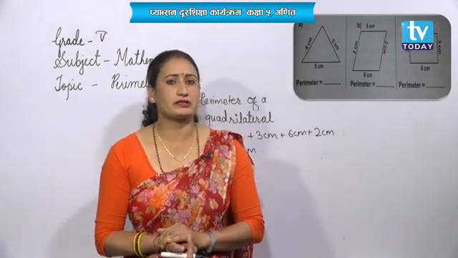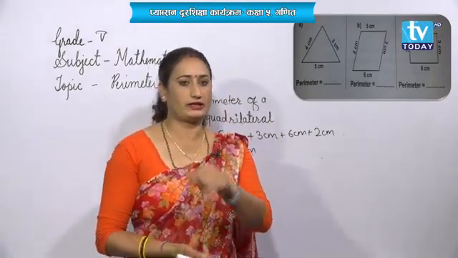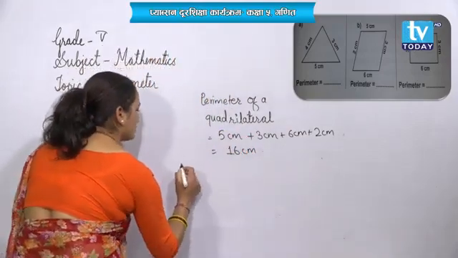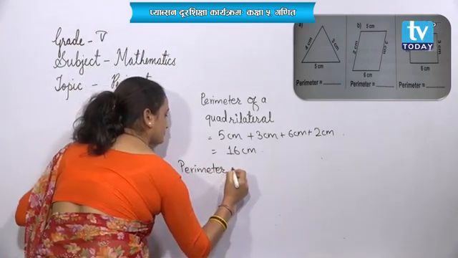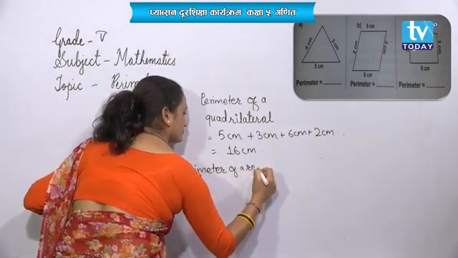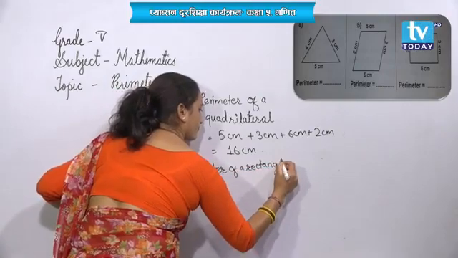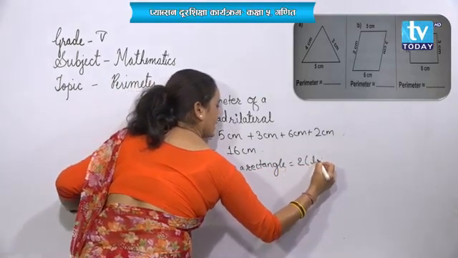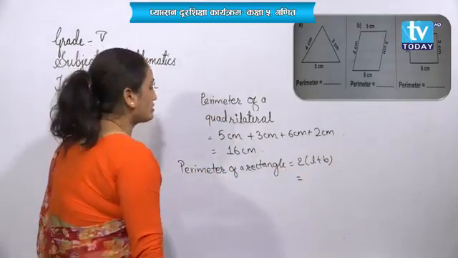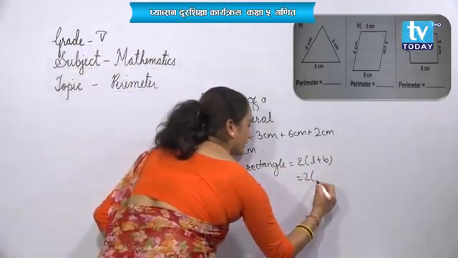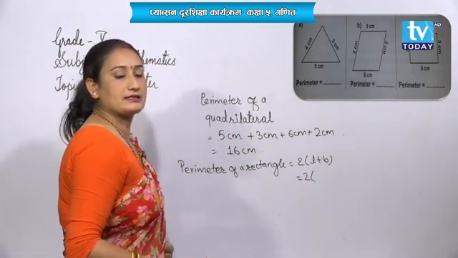So, can we use the direct formula or not? Okay, let's have a look. So, write down: perimeter of a rectangle equals 2 bracket L plus B, because 2 times is repeated, right? So 2 bracket, what is the length given? 6 cm.